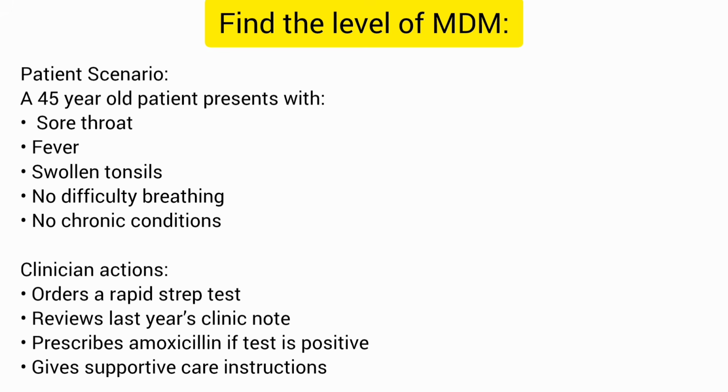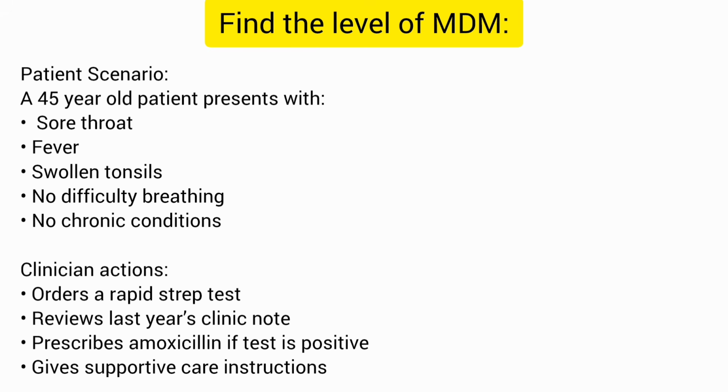Patient scenario: a 45-year-old patient presents with sore throat, fever, swollen tonsils, no difficulty breathing, no chronic conditions, and the clinician actions are orders a rapid strep test, reviews last year's clinic note, prescribes amoxicillin if test is positive, and gives supportive care instructions. Now, for this case, we have to check the MDM.